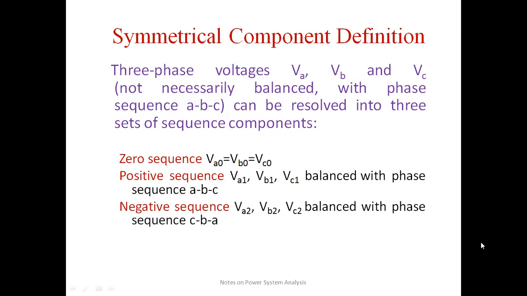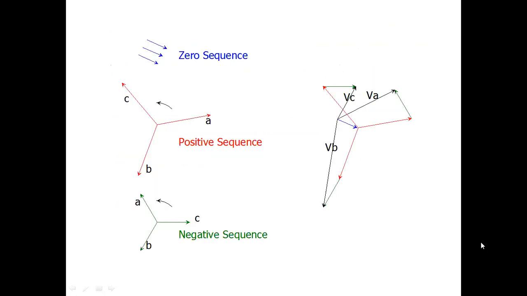Second is the positive sequence component, denoted by VA1, VB1, VC1. It is the balanced three-phase set with the sequence ABC. And third is the negative sequence component, VA2, VB2, and VC2, balanced with the phase sequence CBA.